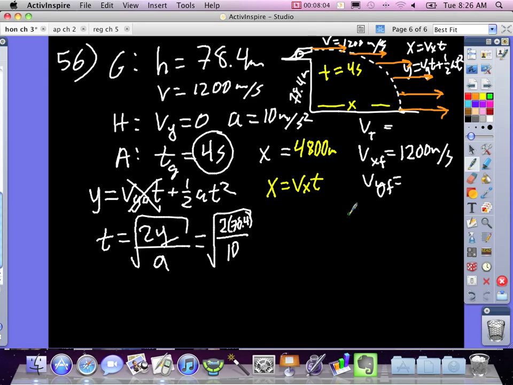Sorry? Okay, so y equals v0t plus 1/2 at squared? Is that what you're saying? Does that give me final velocity? No. So which equation should I use? Because I need an equation to find final velocity.